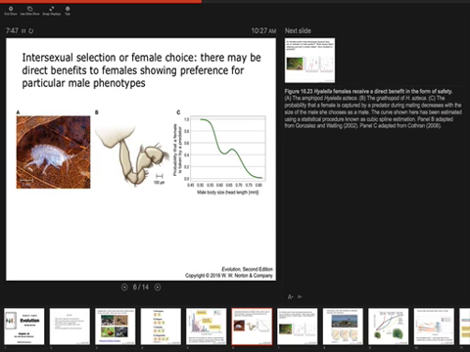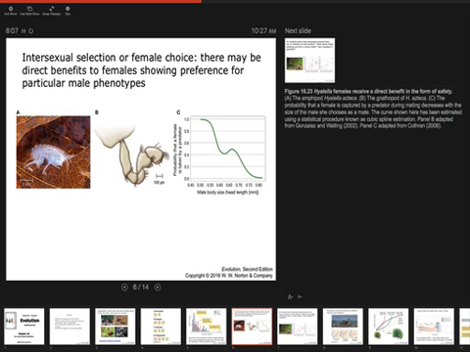I don't even remember what this is. It's an invertebrate. Anyway, males have a particular organ here that they use to latch on to females during the mating process. And this is the male body size that they're using as an index.